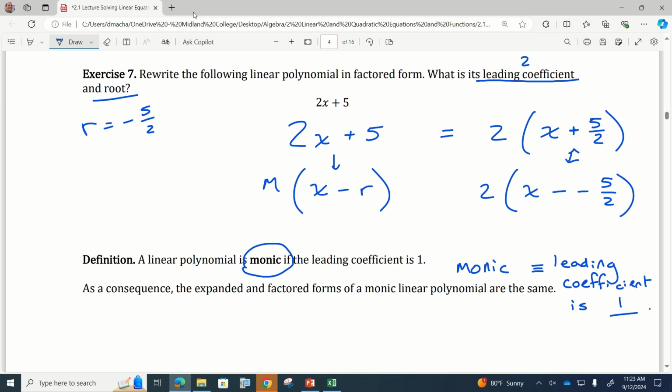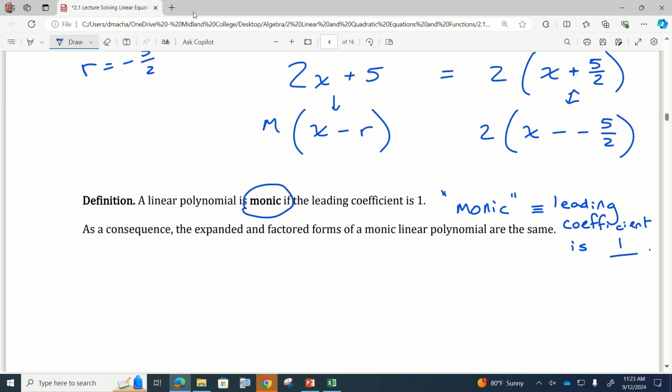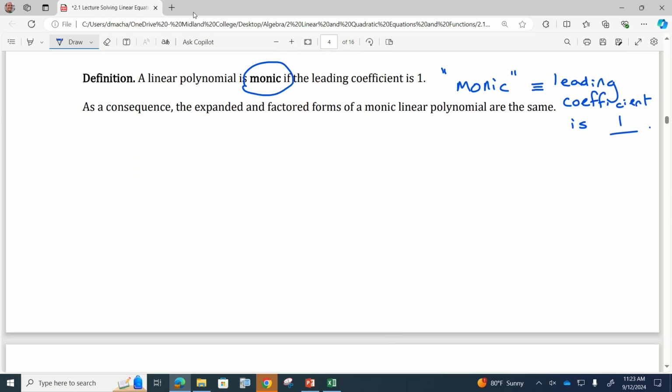So it makes this monic. And if you happen to have a monic linear polynomial, it would look like one of these things, right? It would be positive 1 times x plus the constant.